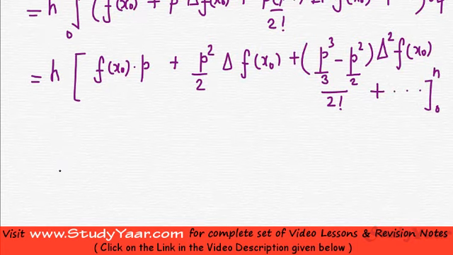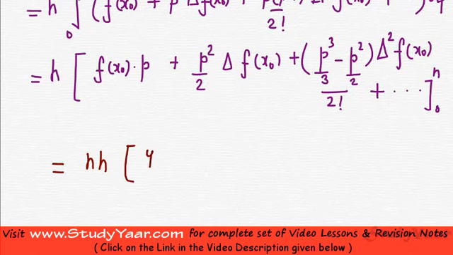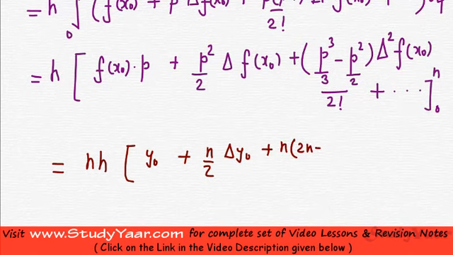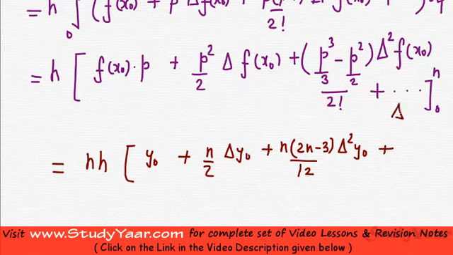So what you finally have is n into h into y0, since f of x0 is y0, plus n by 2 delta y0 plus n into (2n minus 3) by 12 delta square y0, plus you are going to have a delta raised to power 3 term also.